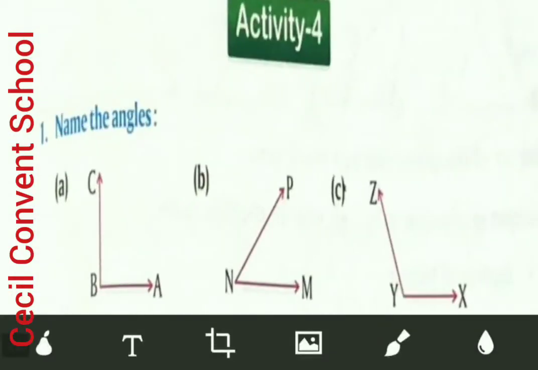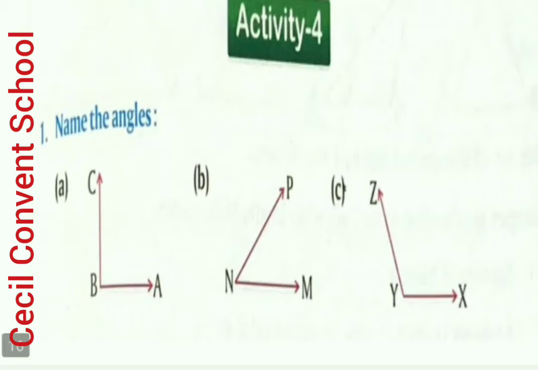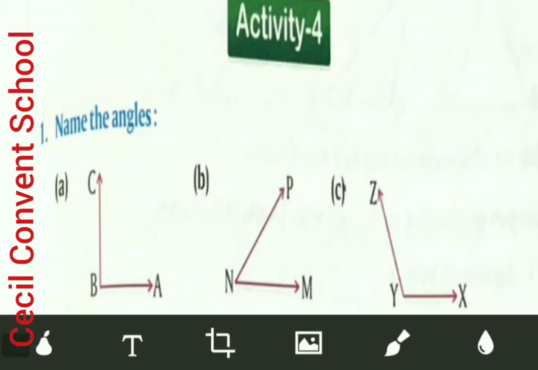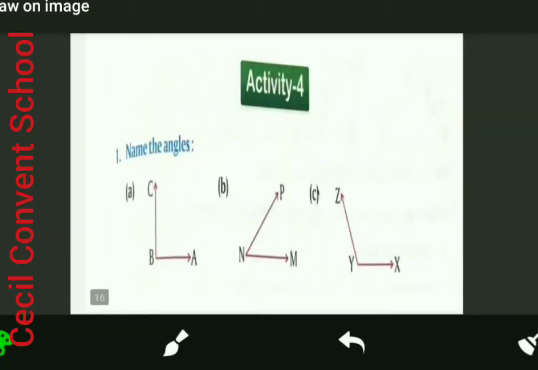Now we do activity 4. Question number 1. This one question, students, we do in the book only. Name the angles. So, A part. How can we name the angles? Listen carefully. One way of writing the angle name is firstly put the angle sign. This is called the angle sign. And along with it, we write the name.